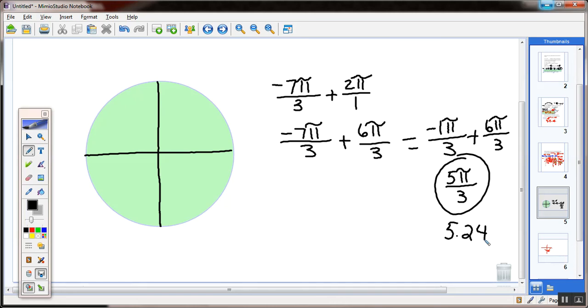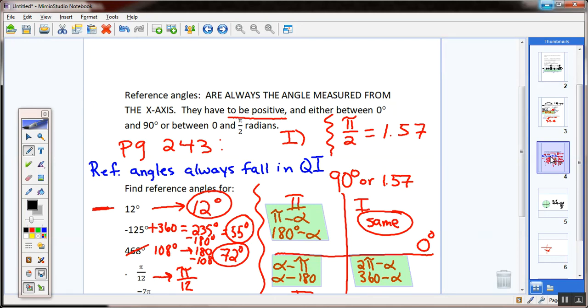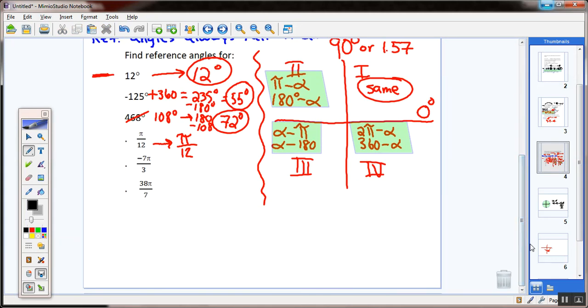So listen to what I'm saying here, and this is kind of difficult. We came up with a coterminal angle to negative 7 pi over 3. Coterminal to that would be 5 pi over 3, right? This is in quadrant number 4.